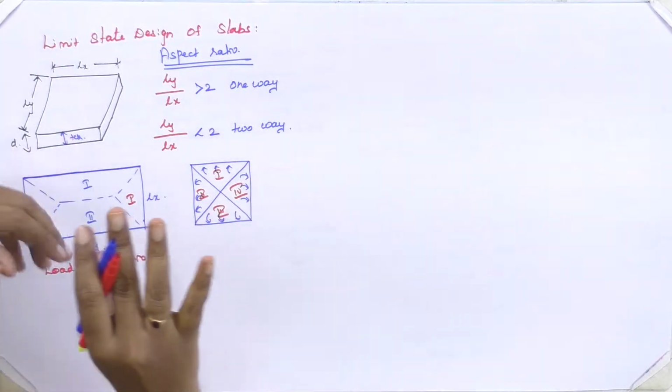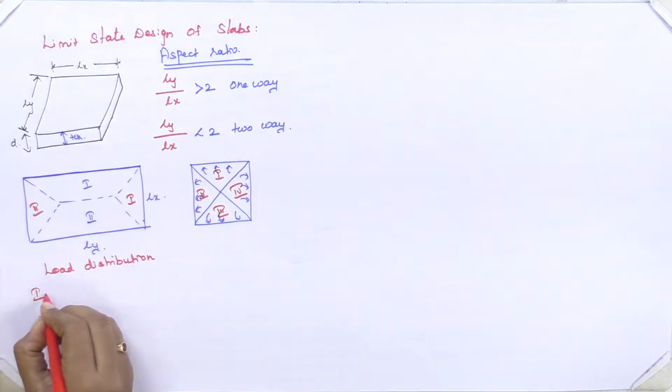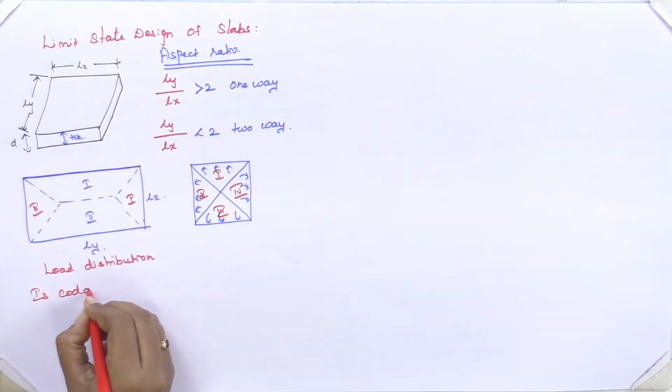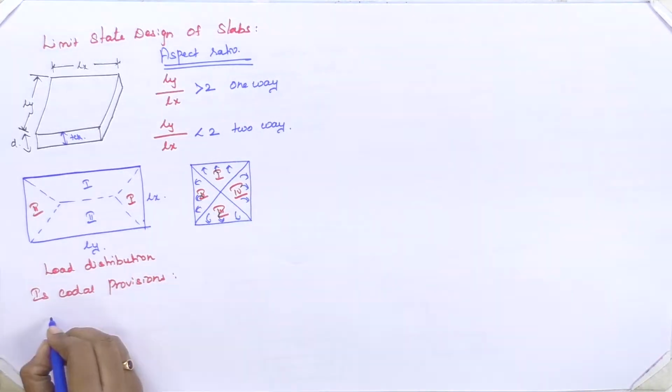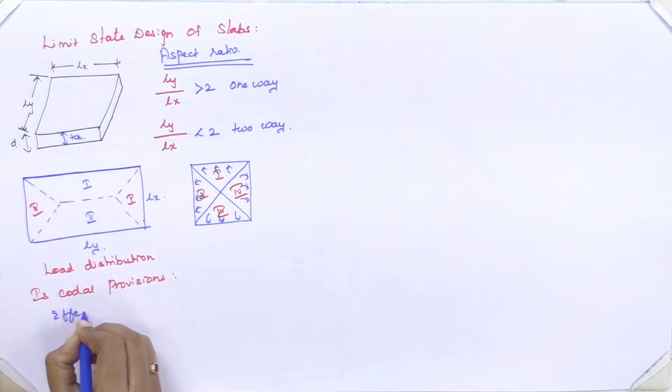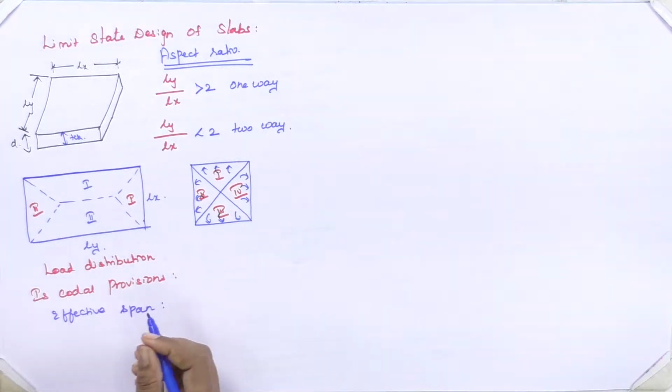Let me see some codal provisions, what our code says. IS codal provisions. First one, effective span. How to take the effective span?